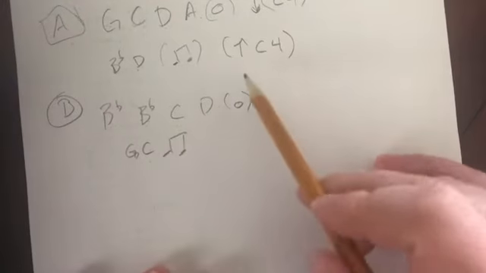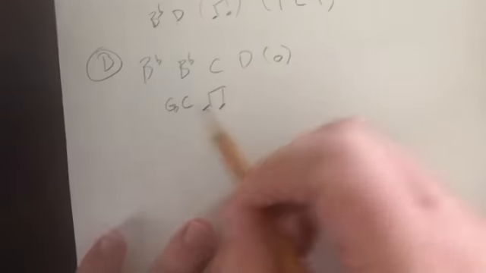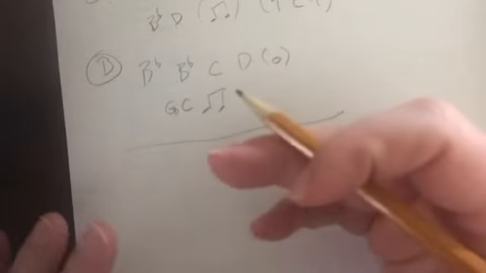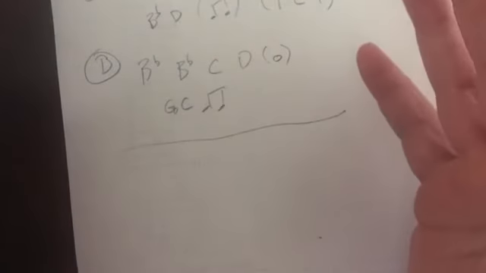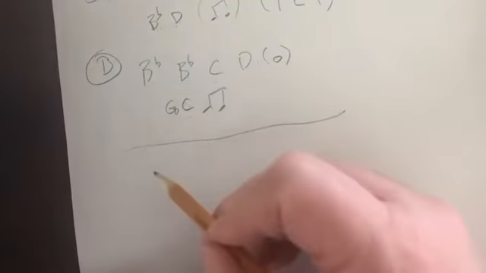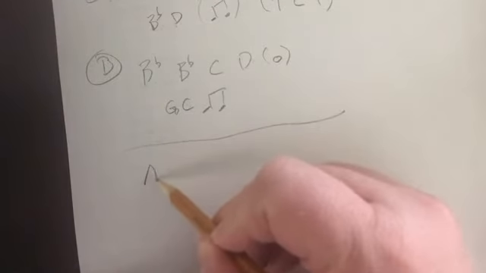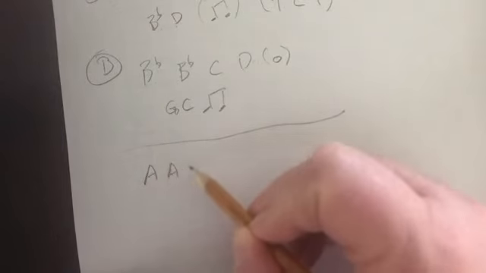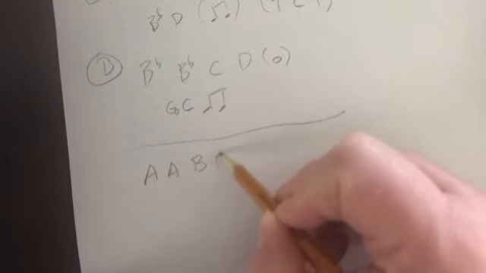So once you have those 2 sections, you have your A section and your B section, you have to decide how you're going to introduce these sections. So one thing that you could do is you could have your A section play twice and then your B section play twice.